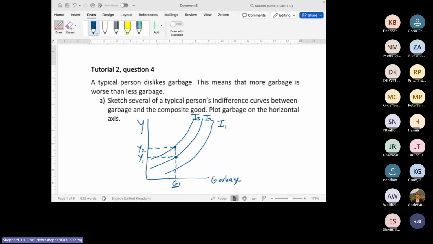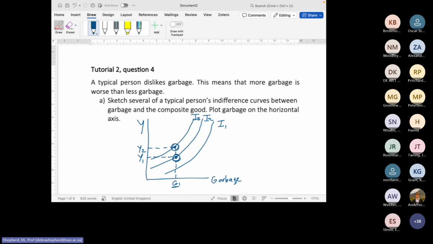It doesn't make them worse off, it makes them better off. So moving from this point here on I2 vertically up would put this individual onto a higher indifference curve. Okay, so it makes sense that higher indifference curves represent greater utility.